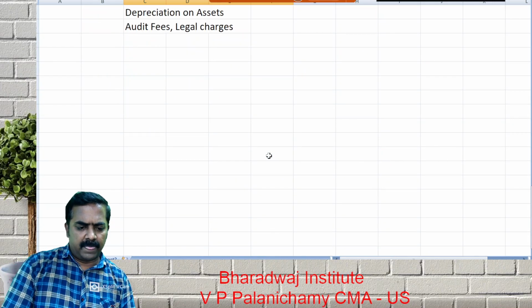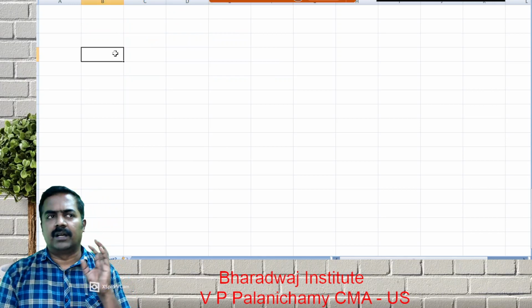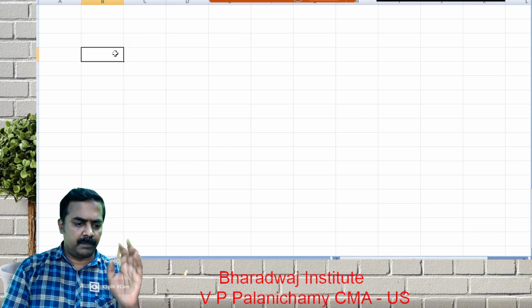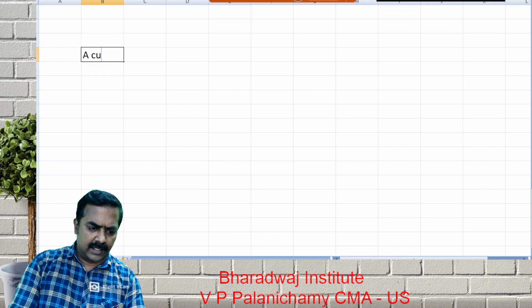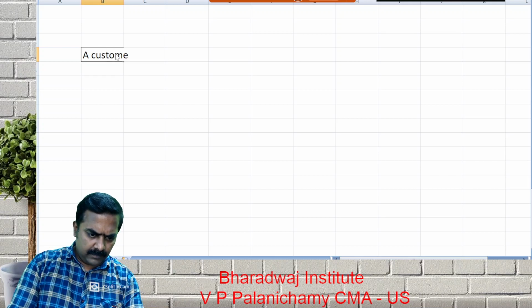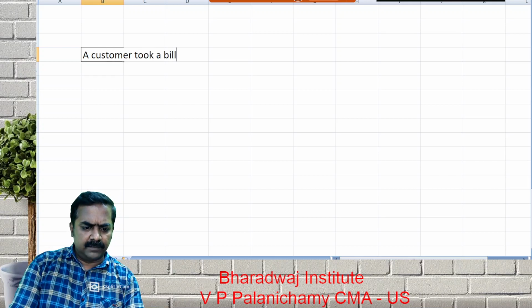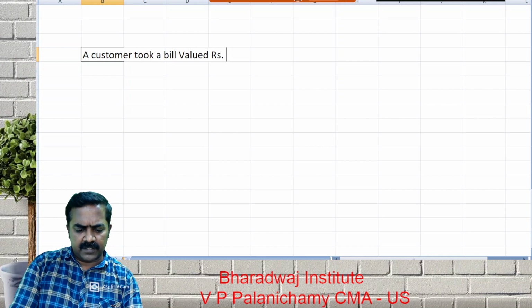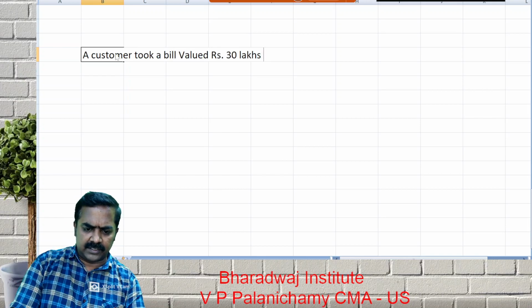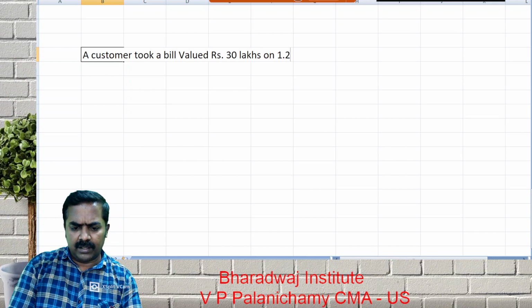Now let me give a conceptual thing, then I will give the title for that. Pay attention. A customer took a bill valued at rupees 30 lakhs, don't copy this, on 1/2/2023.